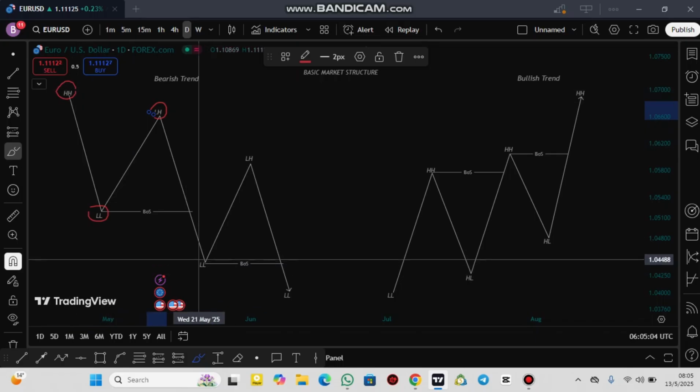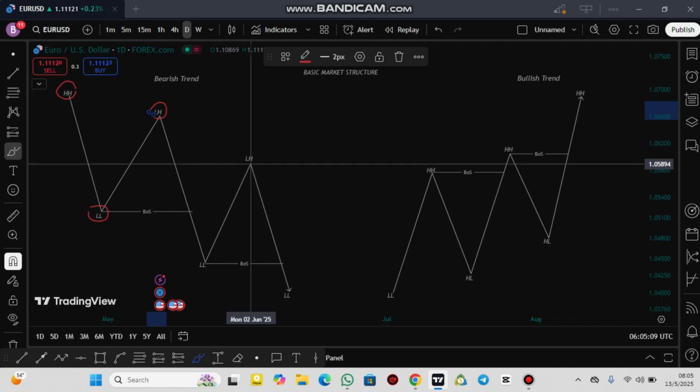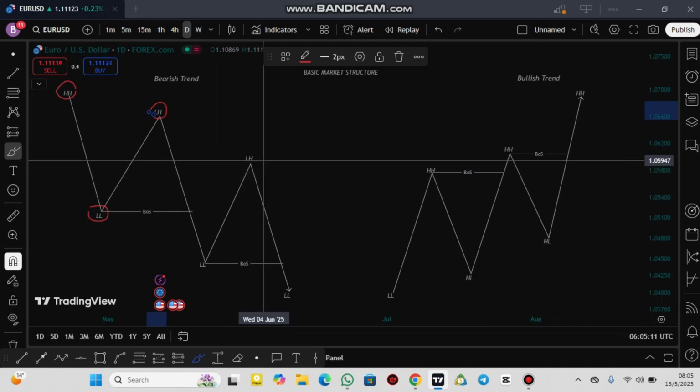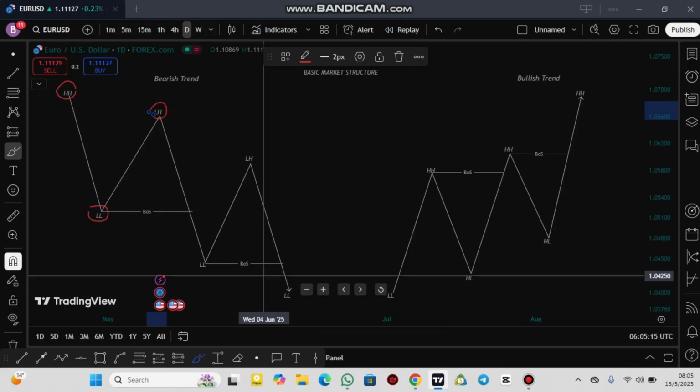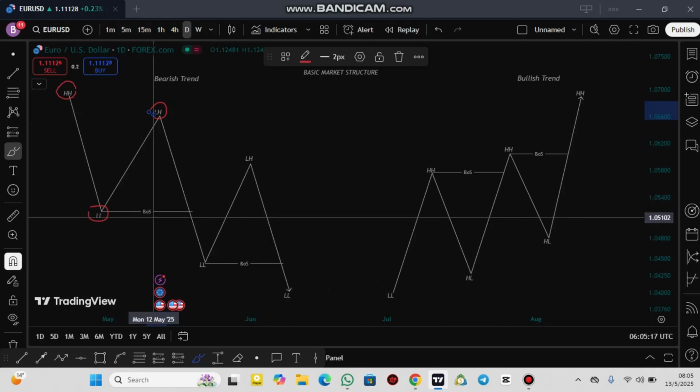This is called lower low, like we said here, because this low is lower than this low. This is our lower high because this high is lower than this high. Lower low because this low is lower than this low. Now this BOS stands for break of structure, right? It typically means the price has broken a previous significant low or high, right?